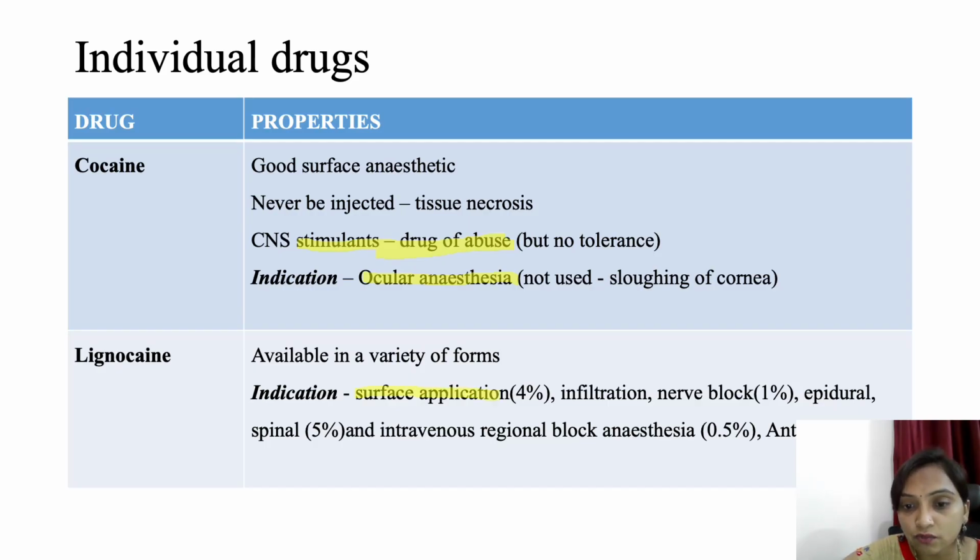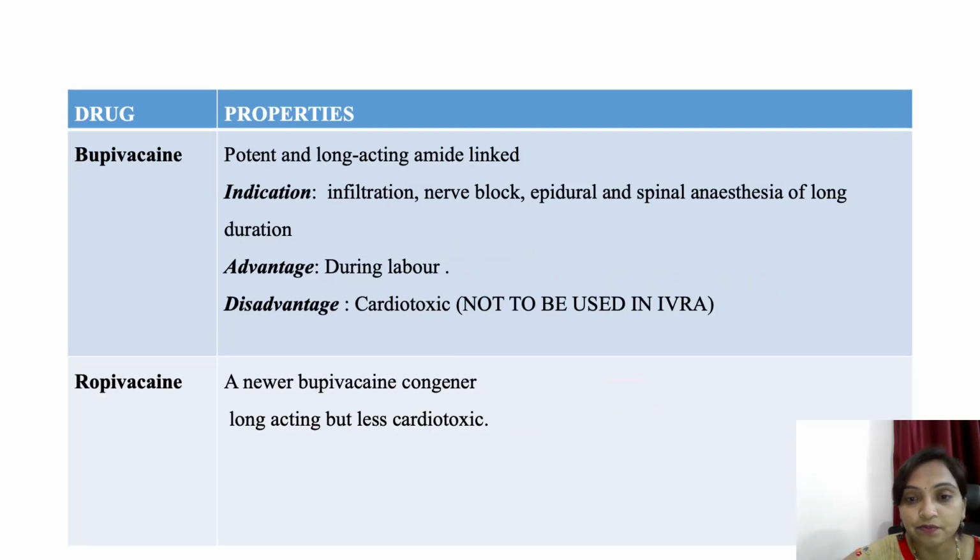It is used for surface application in mouth ulcers, infiltration anesthesia, nerve block, and epidural anesthesia. The percentage is very important: 4% for topical application, 1% for infiltration and nerve block, 5% for epidural spinal, 0.5% for intravenous regional block, and it is also used as a class 1 anti-arrhythmic drug, as we already saw.